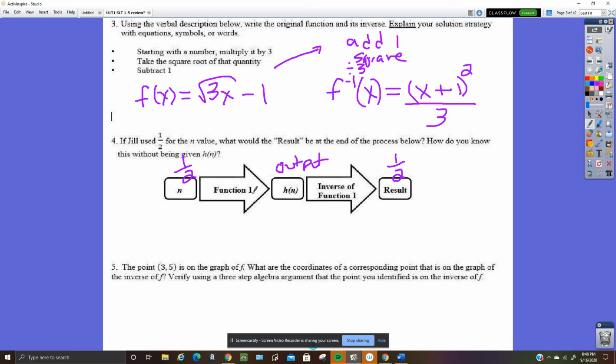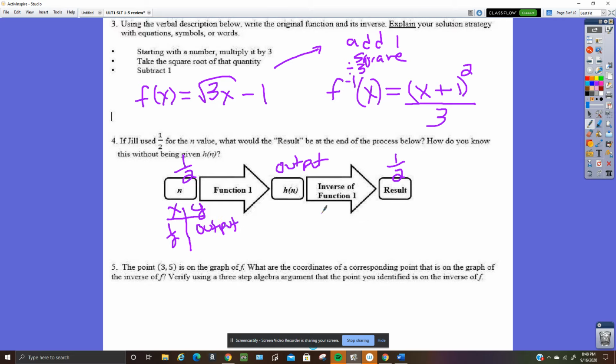So we know that because if this were a table of values, you would have 1/2. Whoops, let me do x and y here. X and y, you got 1/2, and then the output.